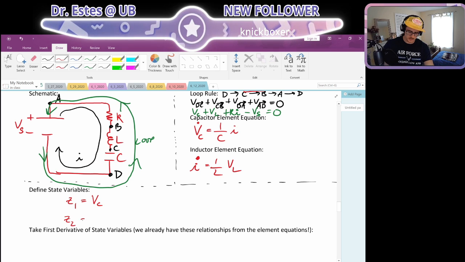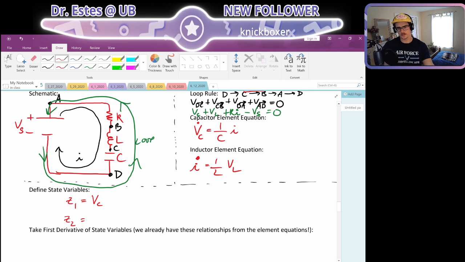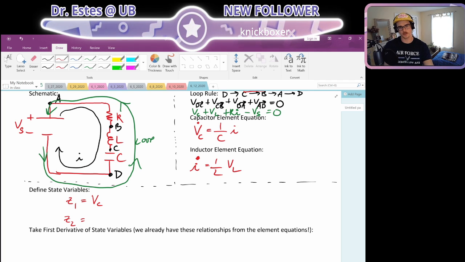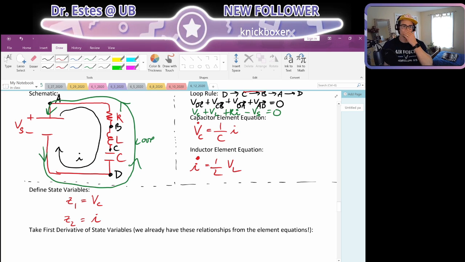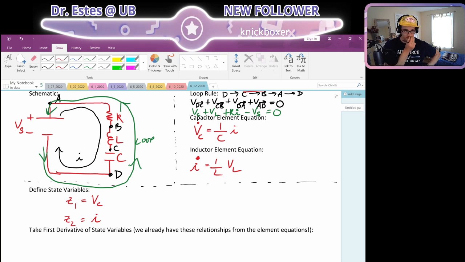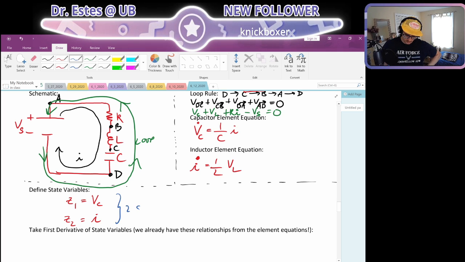And then the other state is going to be the current through the inductor. Well, the same current, because there's just one loop, the same current's going through everything. So we'll just call it I. So 2 states, second order system.